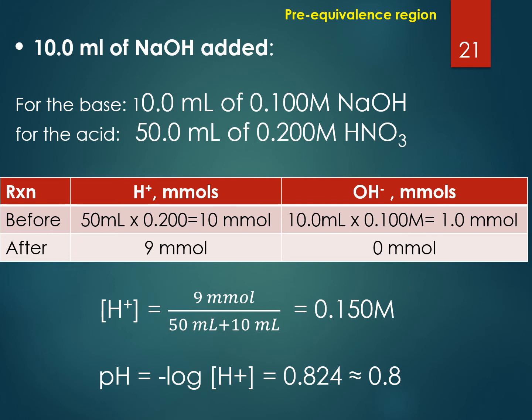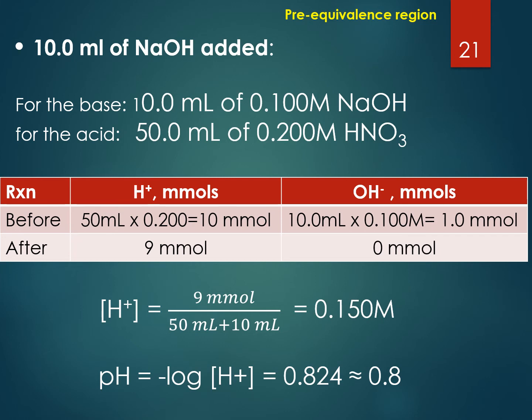Initially, the number of moles of our acid from nitric acid is 50 ml times 0.2, around 10 millimole. And our base that we have added is 10 ml times 0.1, which is 1 millimole. So the ratio is 10 millimoles of acid and 1 millimole of base. Remember the stoichiometric ratio between hydroxide and H plus is 1:1.